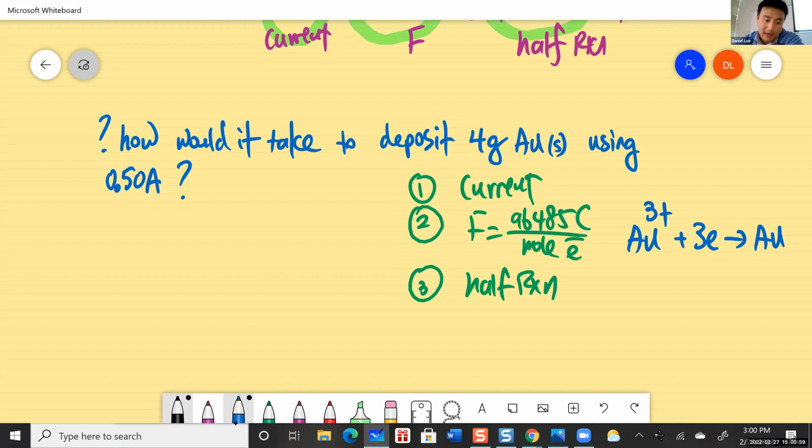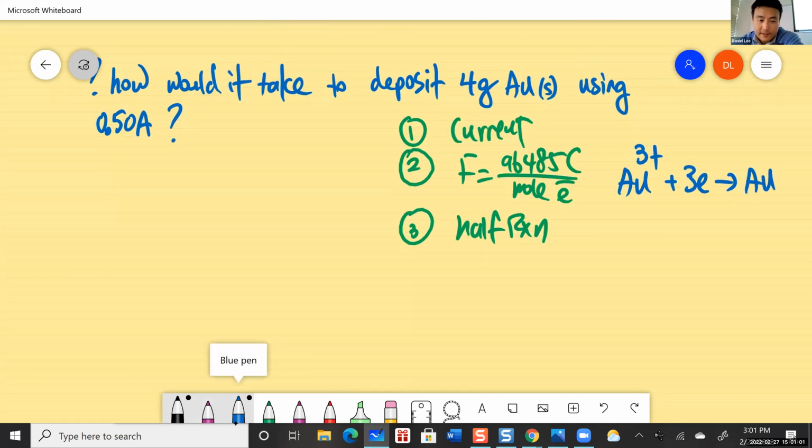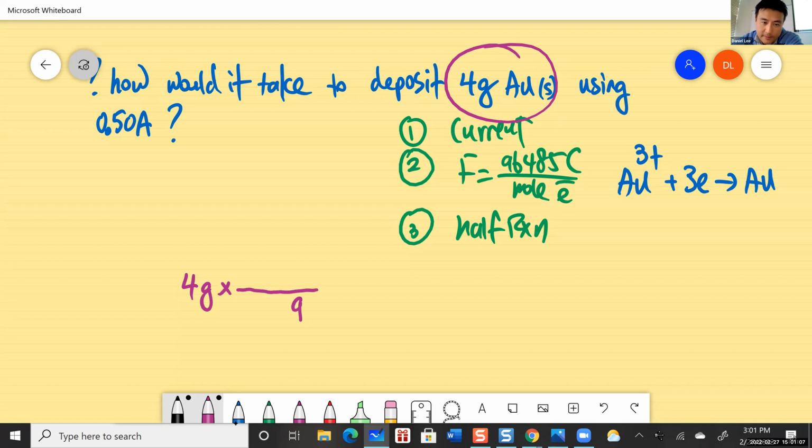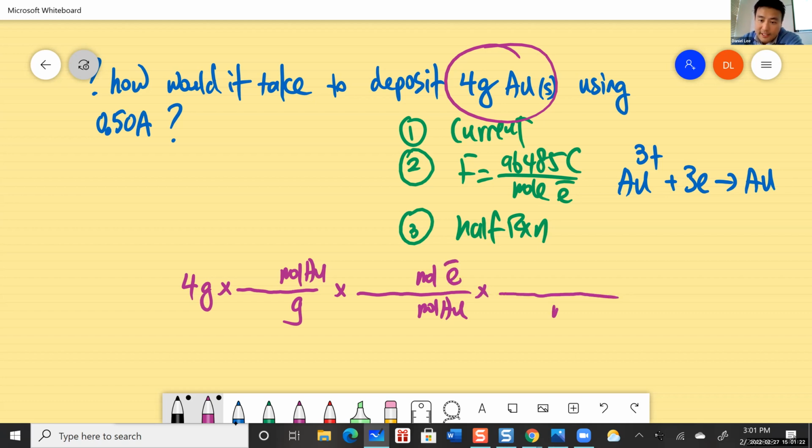So how do I start? I start with grams. I want 4 grams. So you have 4 grams of gold. You convert grams to moles of gold. From moles of gold, the only thing you can convert to is moles of electrons. For moles of electrons, you use Faraday's constant to convert to coulombs.